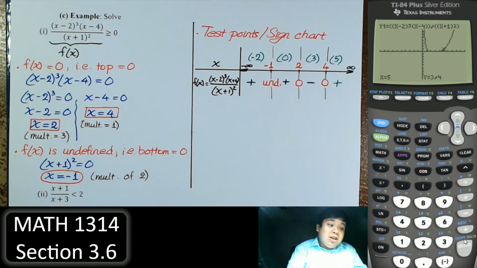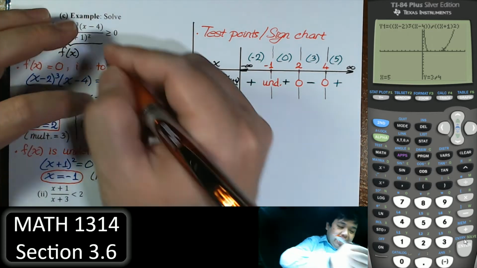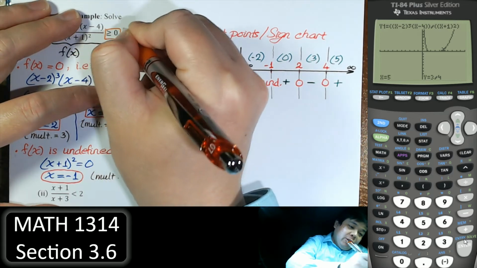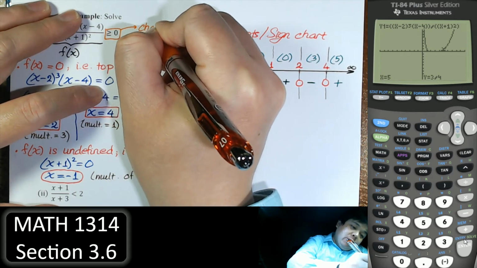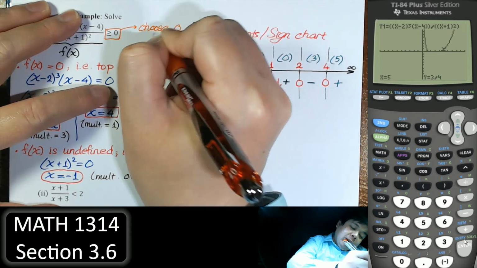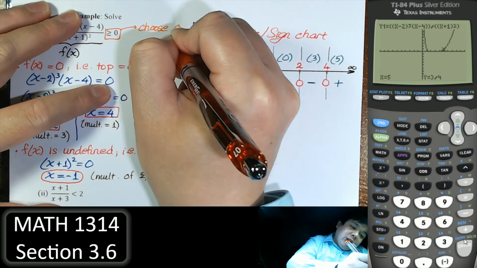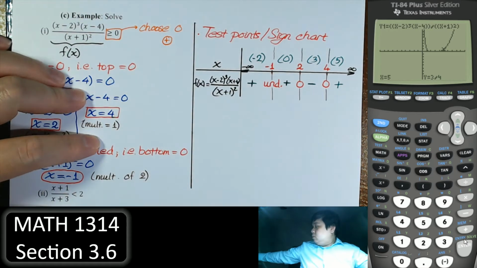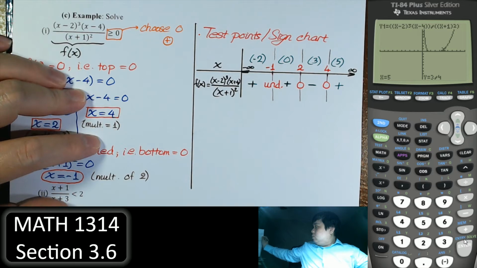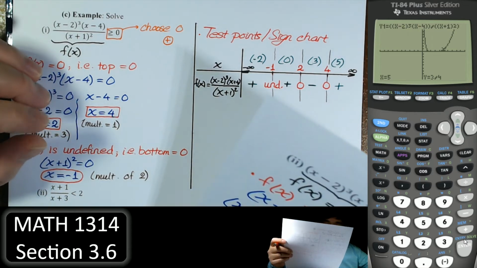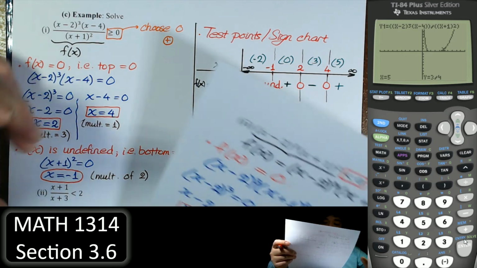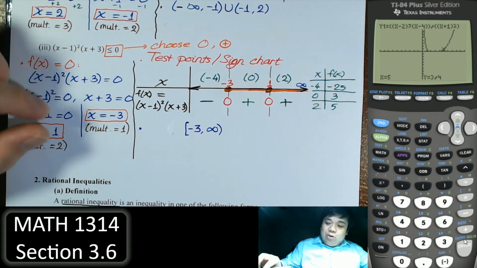Right, now the answer. We want greater than or equal to 0, meaning we're going to choose 0, and then we choose positive. I'm glad I went back to the previous example.